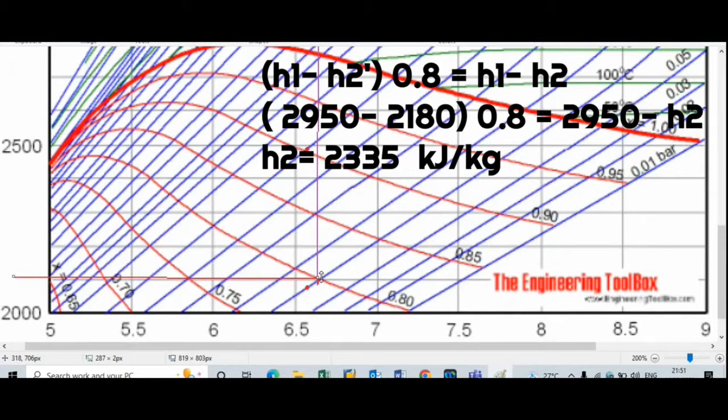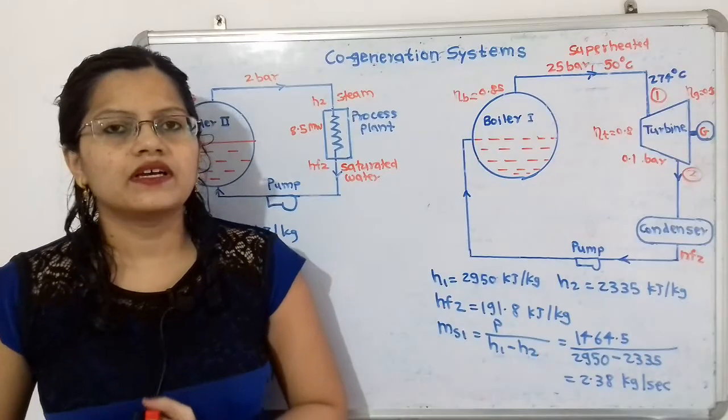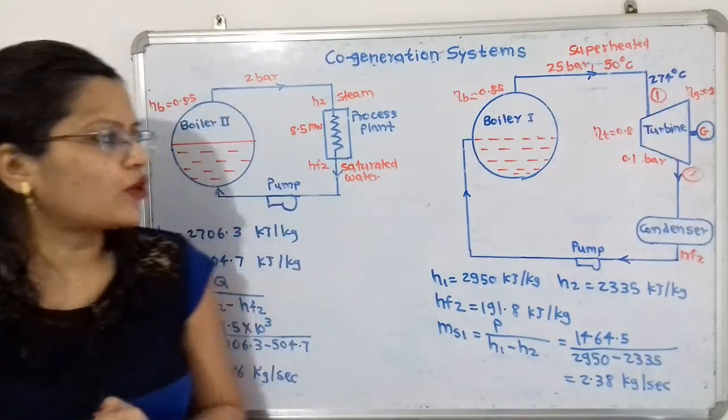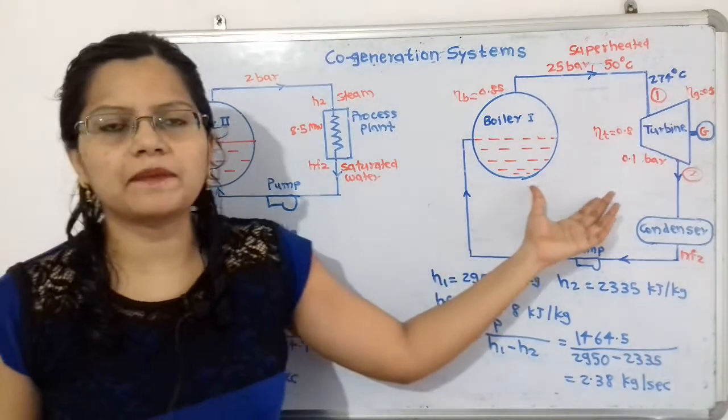So here value of H1 is known, then value of H2 dash is also known. So H2 dash value is at the pressure of 0.1 bar. And then we will find out the value of H2. So H2 is 2335 kilojoule per kilogram.